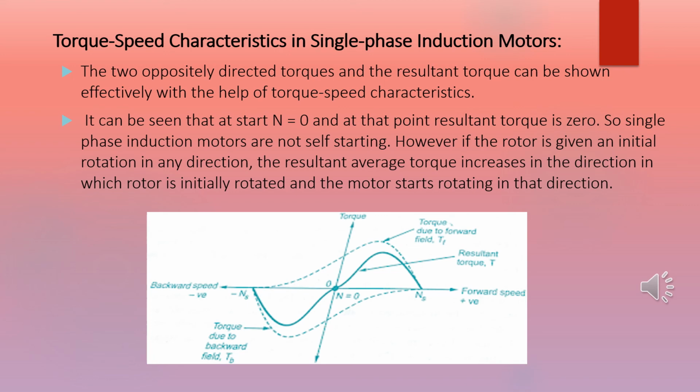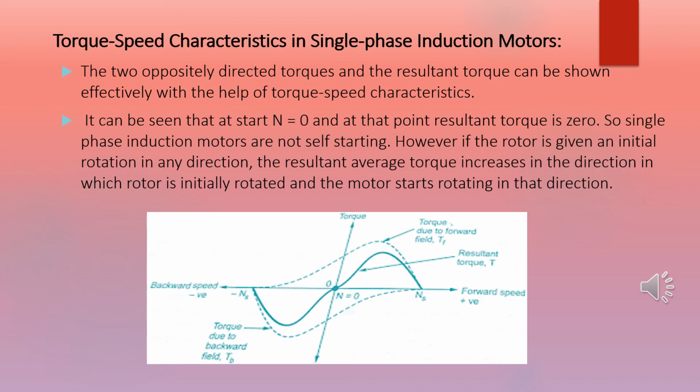that direction only. So if you give a forward torque TF, the motor will rotate in one direction, and if you give a torque in the backward field TB, the direction of rotation of the motor will be reversed.